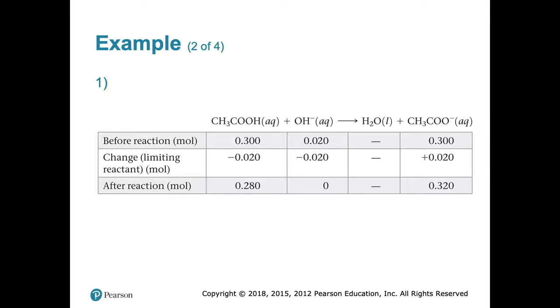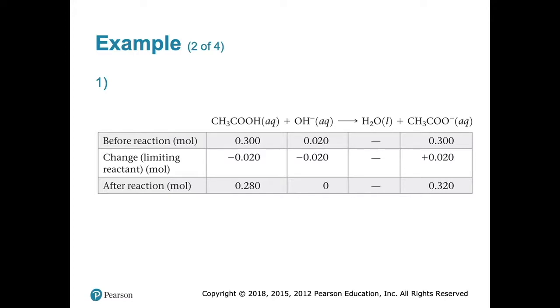And so, what's the change going to be? Well, when we add in the 0.02 moles of sodium hydroxide, we lose those moles of hydroxide because they pull off protons from the acetic acid. So you'll lose the exact same number of moles of hydroxide that you put in, and you'll also lose the same number of moles of acetic acid because the acetic acid became what?